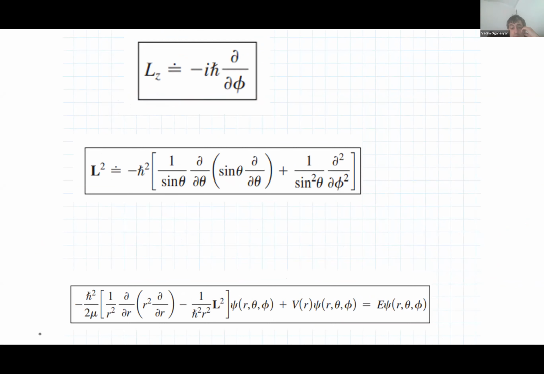Okay, so you might have walked away with the idea from the first half of this presentation that you understand the quantum mechanics of angular momentum, and that would be true, but you understand it algebraically. Let me give you an analogy.